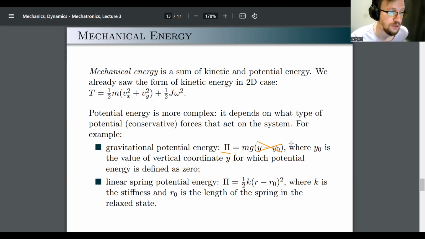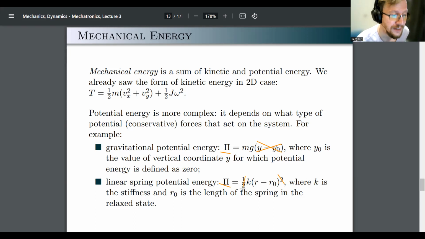So we get mg, which is correct for gravitational force. If we take a partial derivative with respect to the spring's deformation, the square goes away and the 1/2 goes away, and what we have is k times the difference in length, k times deformation. That's exactly the expression for the linear spring force.